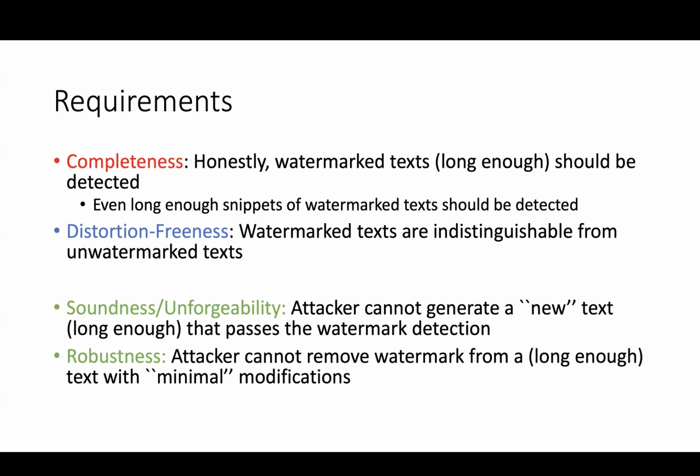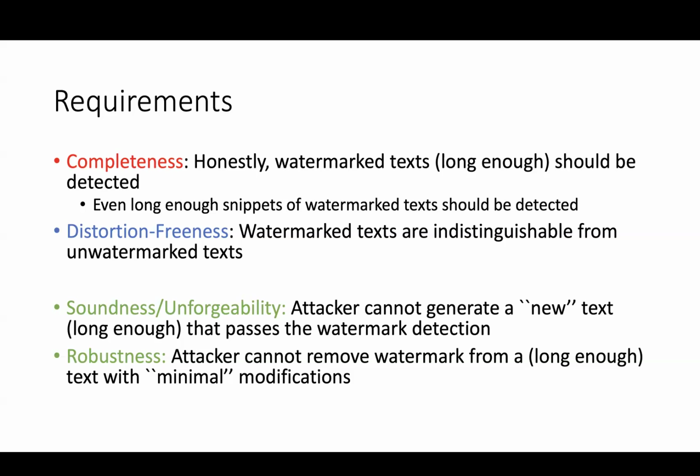Finally, we want robustness: if I have a watermarked text, the attacker modifies it, and the watermark should not be removable with minimal modification. So just changing a few words here and there shouldn't remove it.